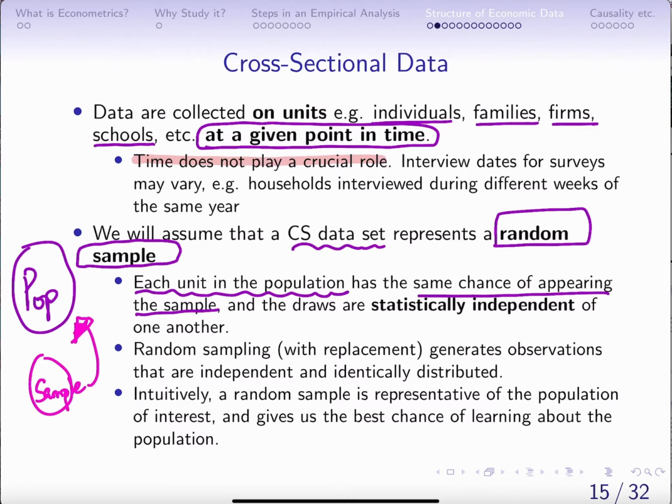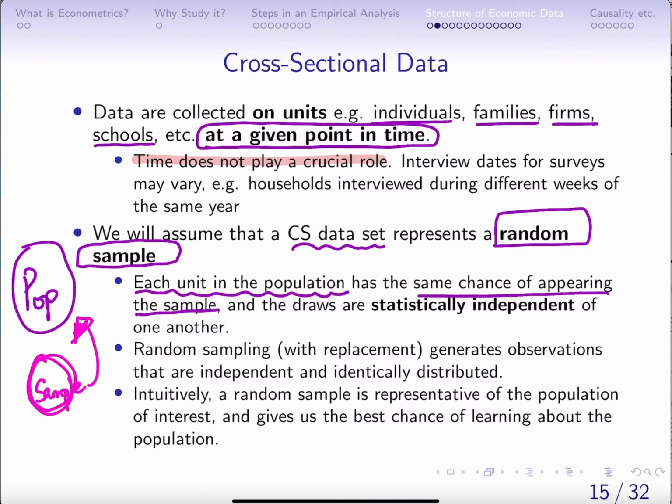So if you're working with households or families, then each family should have the same chance of appearing in this sample. You should not, for example, if we were studying households or families in the United States, only interview families in California.